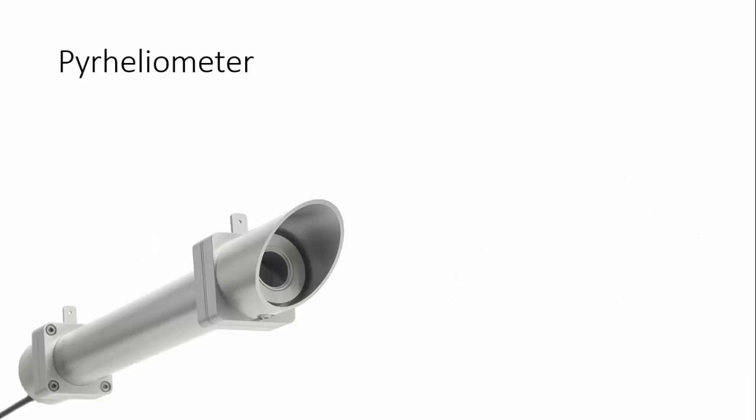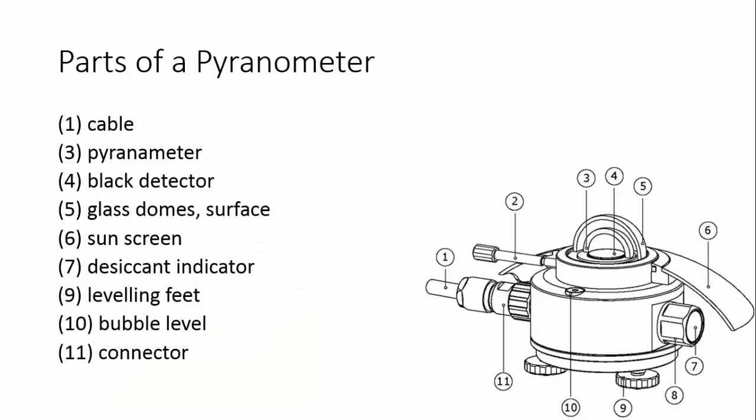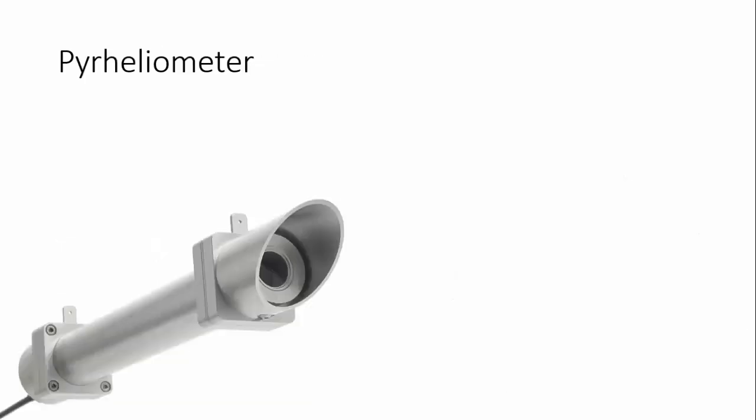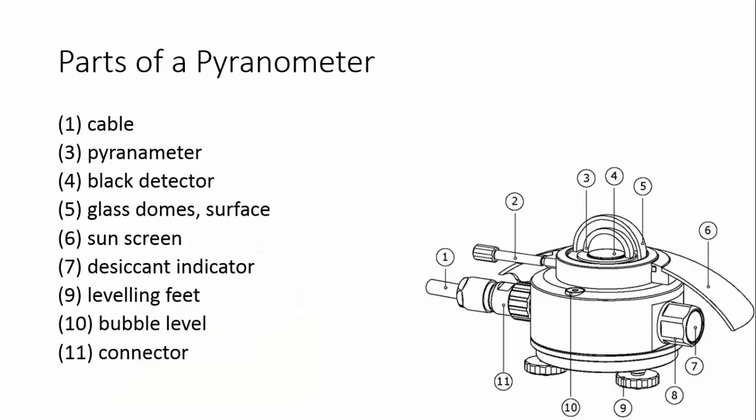Then one more type of measuring instrument is the pyrheliometer, as we have seen earlier. So one is pyranometer, another one is pyrheliometer. The main difference between them is that the pyranometer can measure direct radiation, or beam radiation. Direct radiation is otherwise called beam radiation.